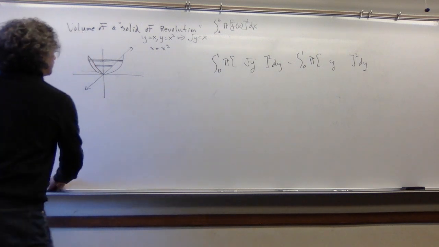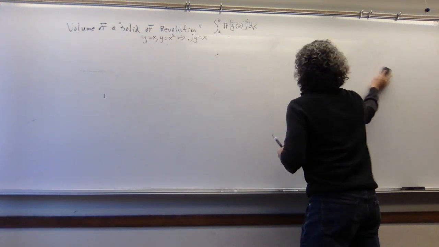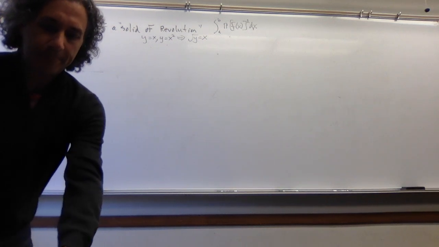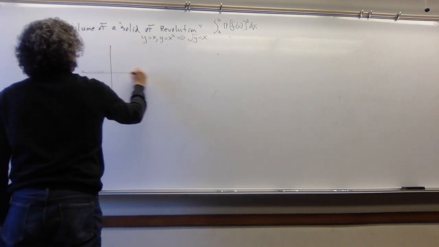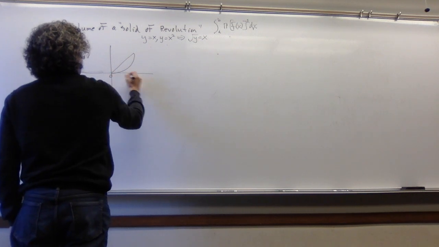All right, let's do a third problem with the same region and a different axis of rotation. So same region, so let me sketch this guy. So here's 0, here's 1.